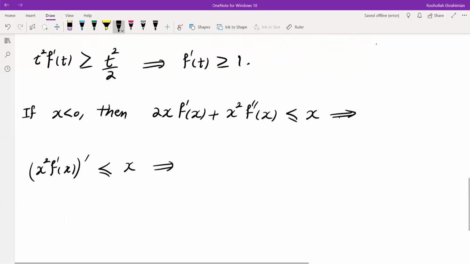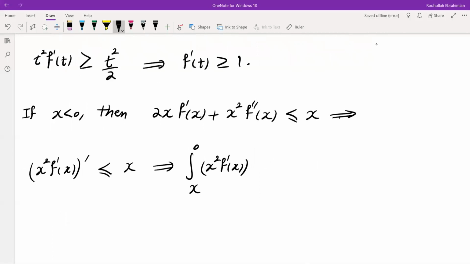Now we're going to have to integrate that from t to 0 this time. The integral from t to 0 of x squared f double prime of x dx is less than or equal to the integral from t to 0 of x dx.